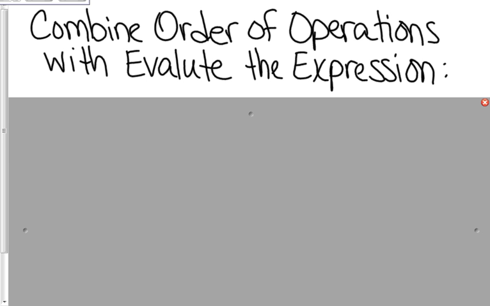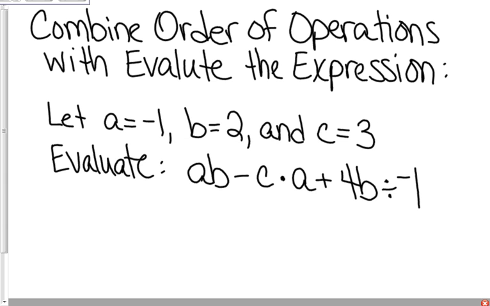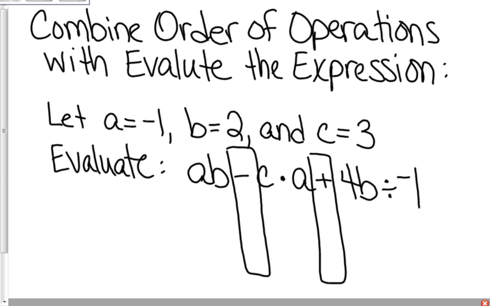Now we're going to combine the order of operations with evaluate the expression. All right, so we're going to evaluate AB minus C times A plus 4B divided by -1 when A is -1, B is 2, and C is 3. So first, go through, wall around your freestanding plus and minus signs.